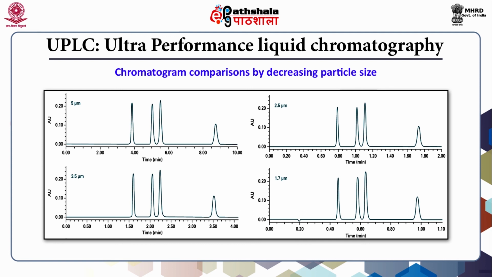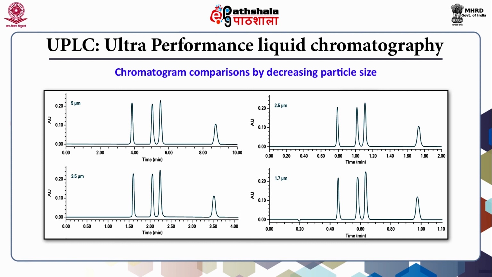Once the stationary phase particle size is decreased to 3.5 micrometer, the retention time of the first peak we can see is 1.5 minutes. If you decrease further to 2.5 micrometer, the retention time decreases further to 0.8 minutes. Then if you decrease the particle size to 1.7 micrometer, the first peak we can see is at 0.5 minutes.